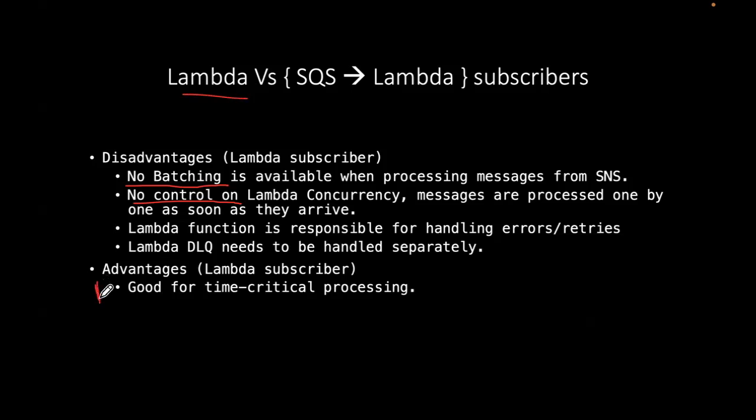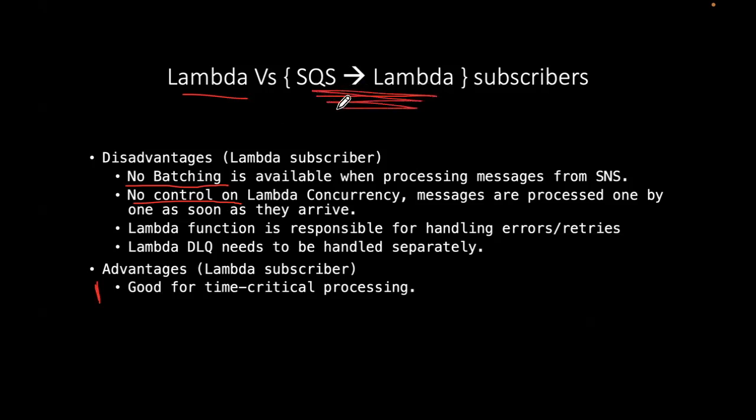If the processing that needs to be done by a Lambda on the messages put into your SNS topic is time critical, maybe not compute intensive, but it has to be handled as quickly as possible, then that's a good case for making the Lambda doing this processing a direct subscriber to your SNS topic, rather than taking this approach here.